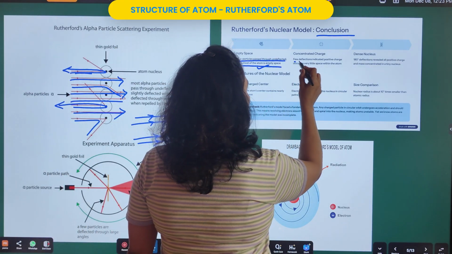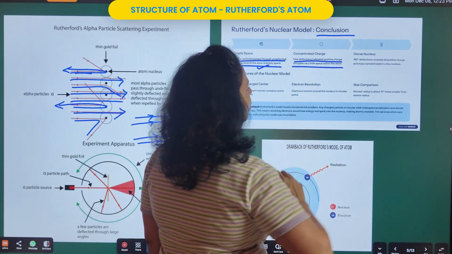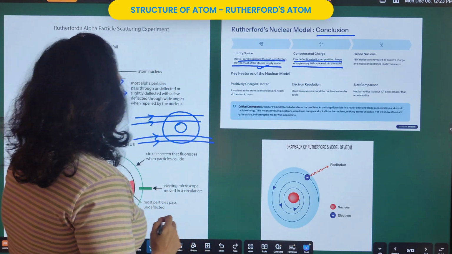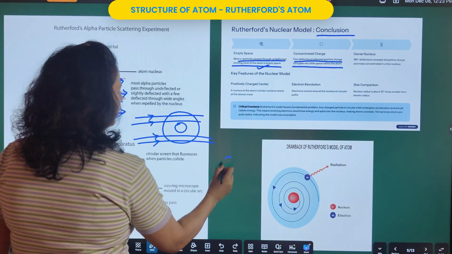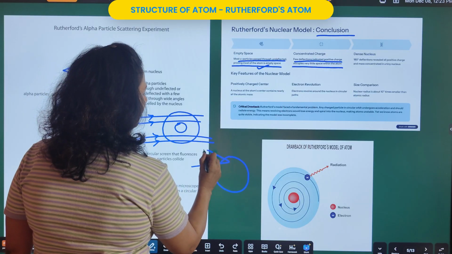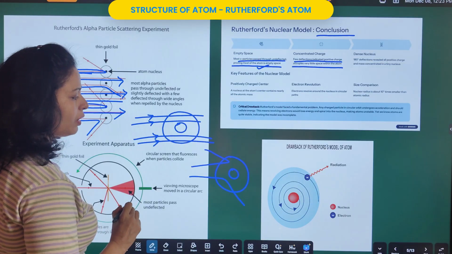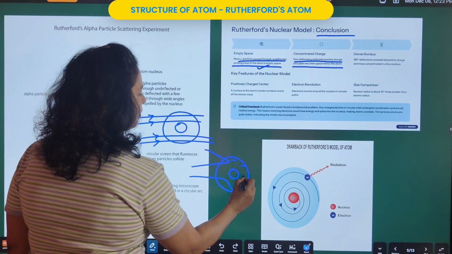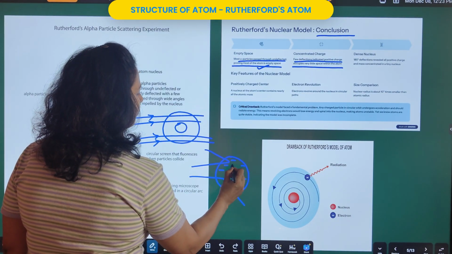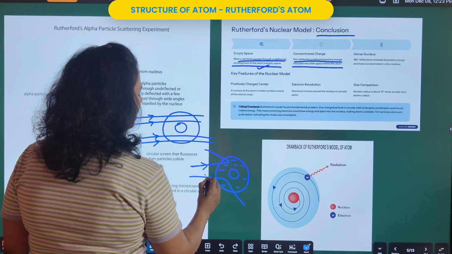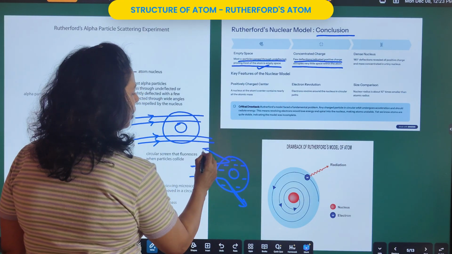Second conclusion: few deflections indicated that positive charge occupies very little space. Some were deflected, only a few were deflected, right? Here electrons are present. When the alpha particles pass, they are deflected by small angles.